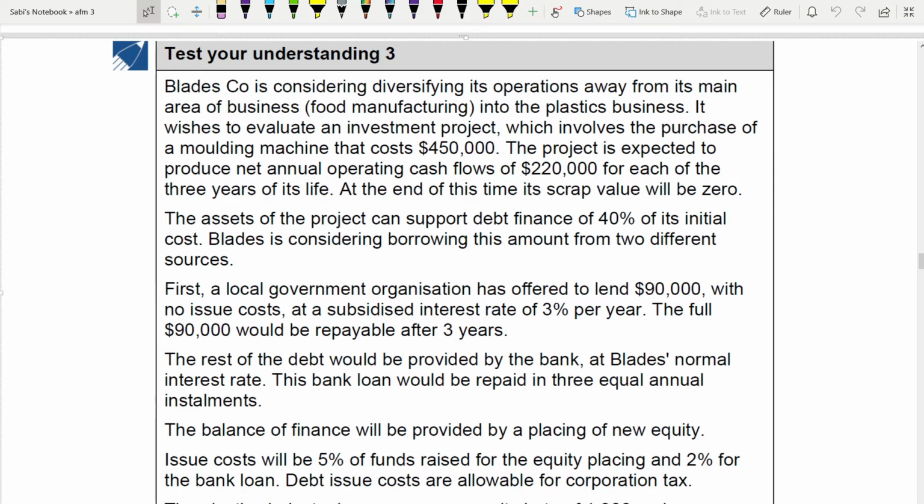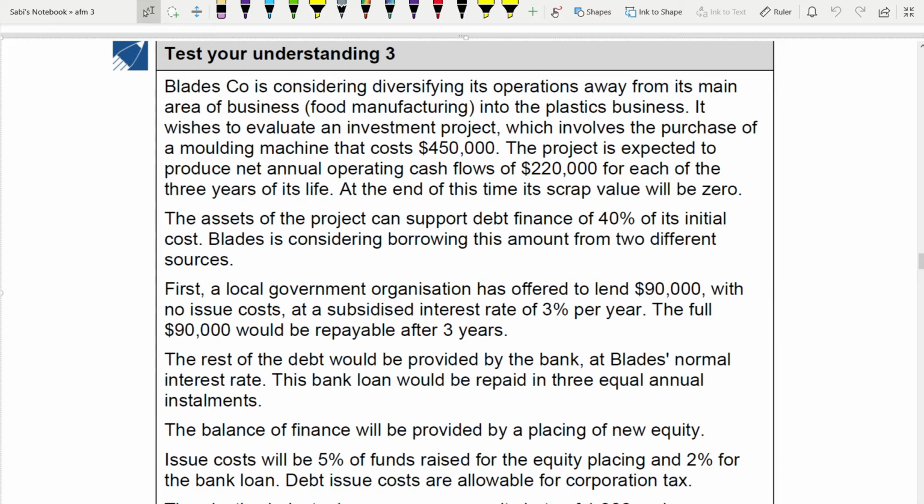In Excel, we just need to input the numbers in the cells to do the calculation. Make sure that you have this question with you while we are doing it in Excel, because I will not be having this question with me. I will just be taking the numbers out.